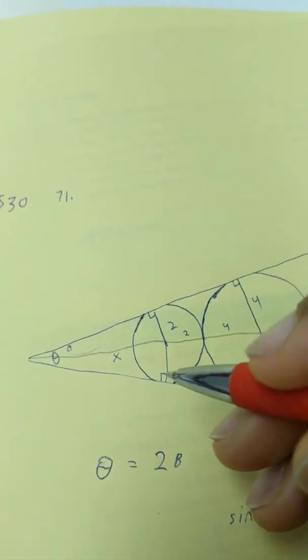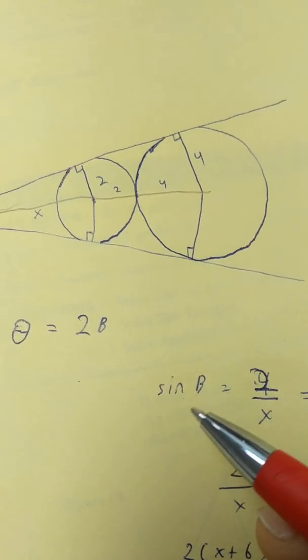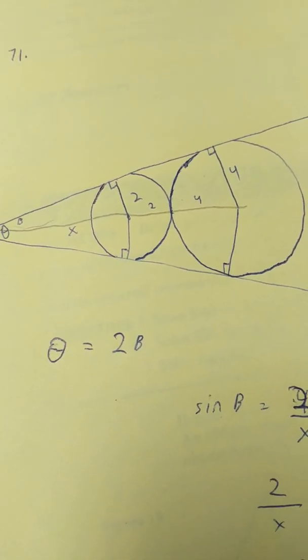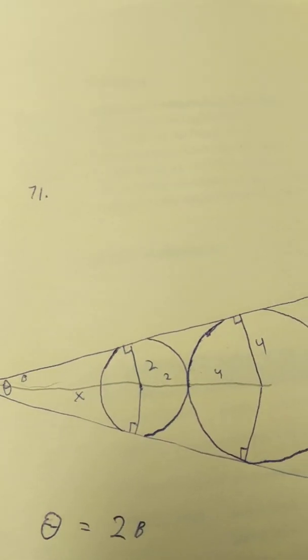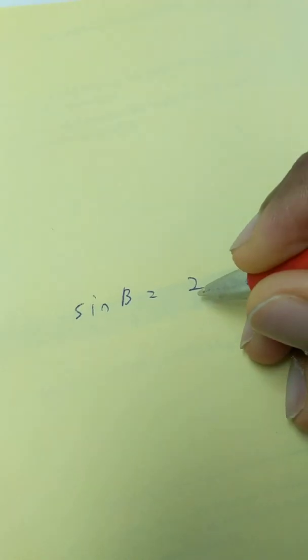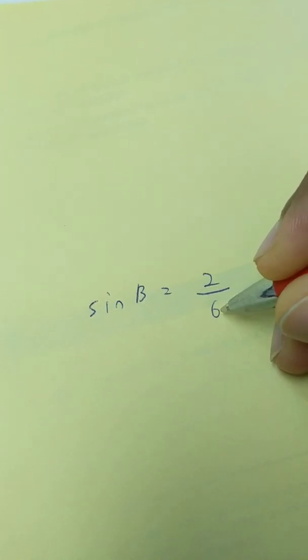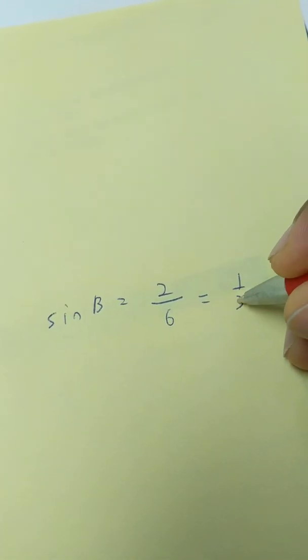So now that I know that x equals 6, and I know that sine of beta equals 2 over x, I can now say that sine of beta equals 2 over 6, which now equals 1/3.